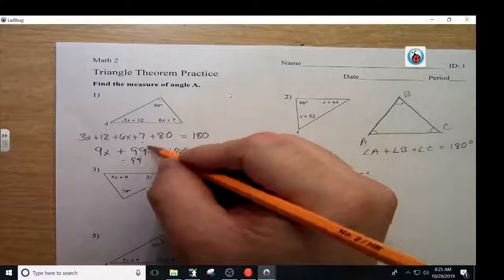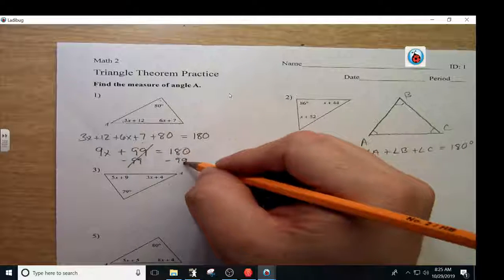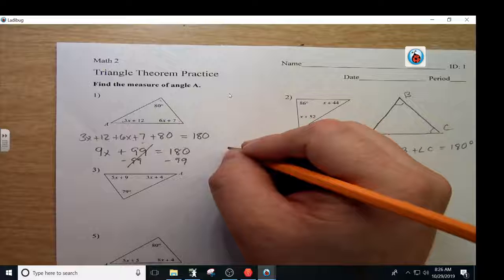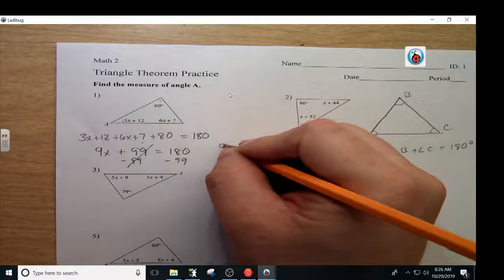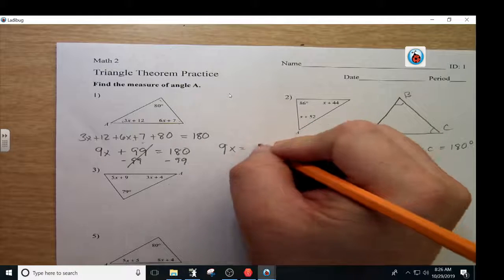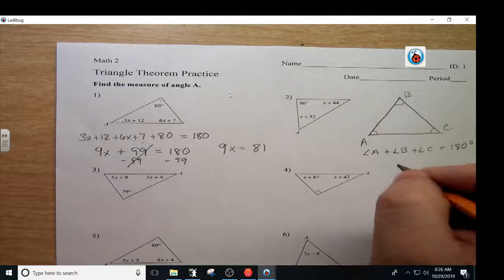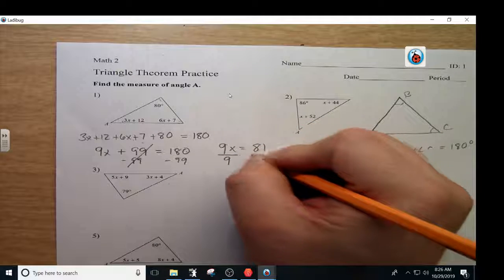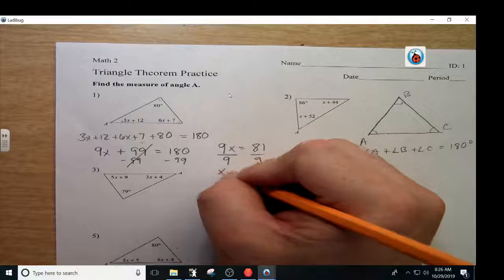That cancels out. 180 minus 99 is, no, 81, right? 9x equals 81. Divide by 9. X is 9.